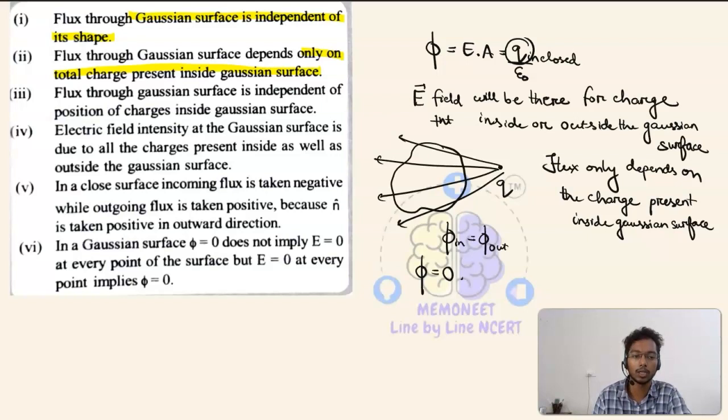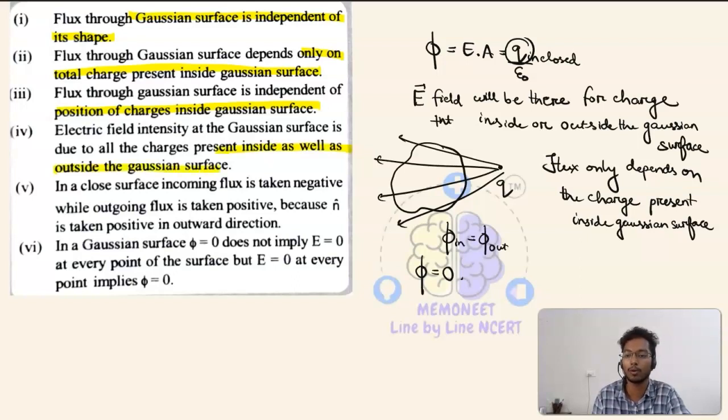Then the third one: the flux through the Gaussian surface is independent of the position of the charges inside the Gaussian surface. That I have explained now. Then the electric field intensity at the Gaussian surface is due to all the charges present inside as well as outside the Gaussian surface.